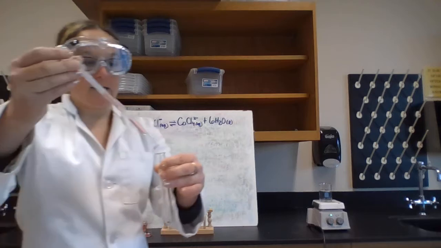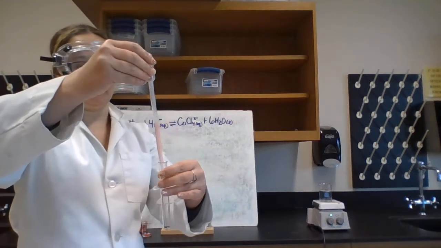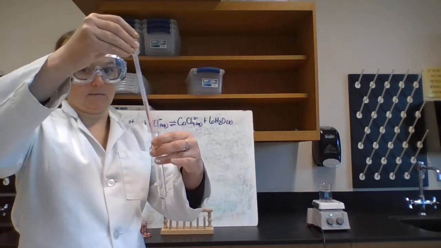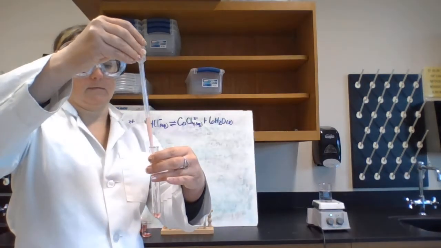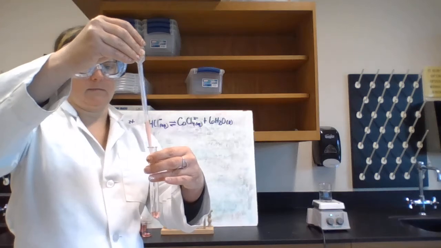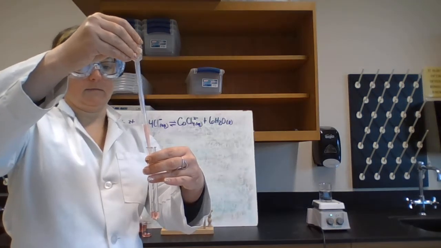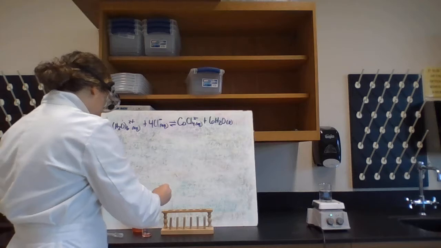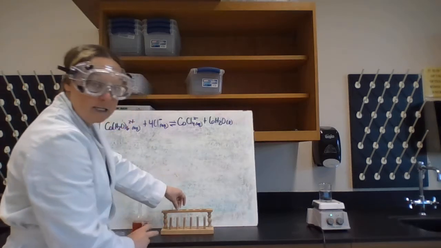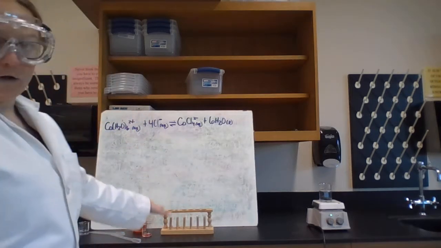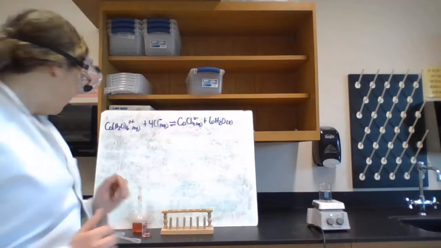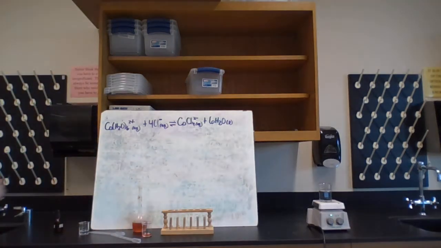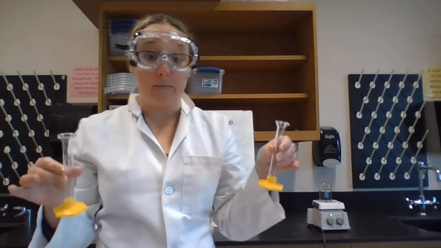So there's test tube 1, test tube 2. Okay. So we have our cobalt 2 chloride in both test tubes. Now it asks us to add 1 ml of water to each, which I have already pre-measured out for us.